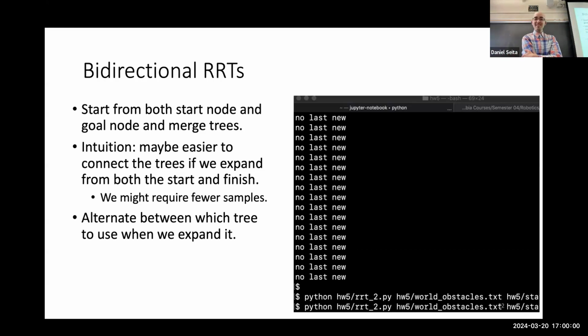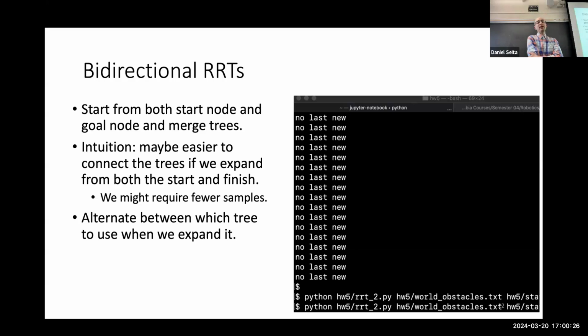You have your start node and then your goal node. And the key idea is instead of just starting from one initial point and growing, you grow from both the start and the end, and then try to connect them.